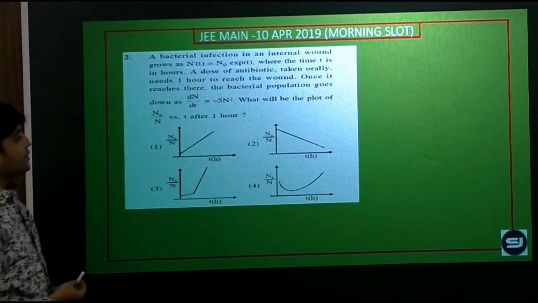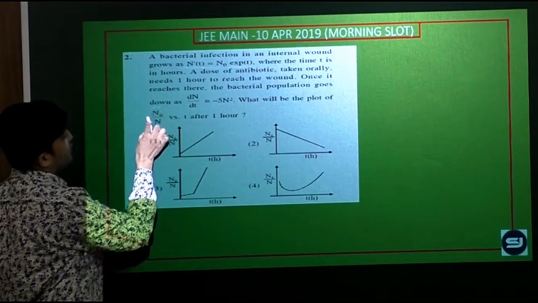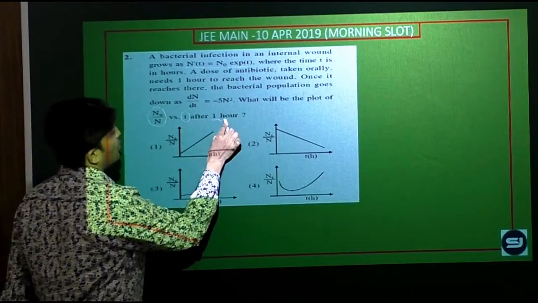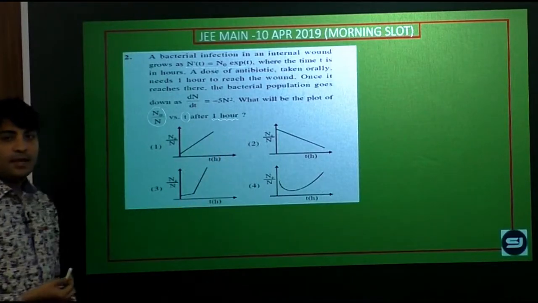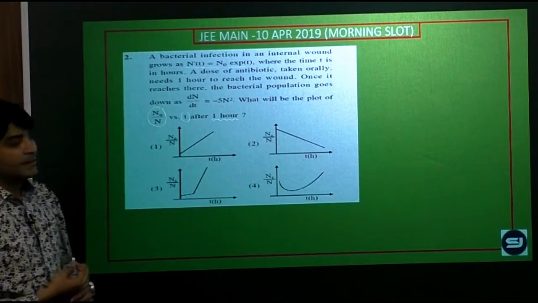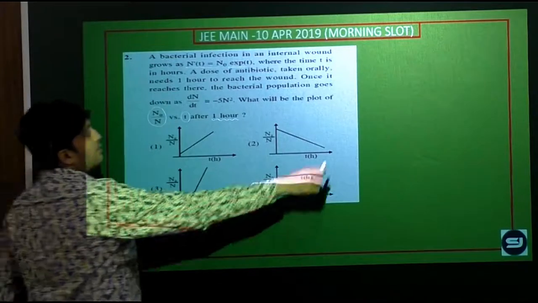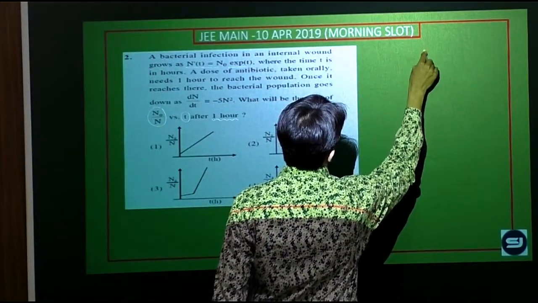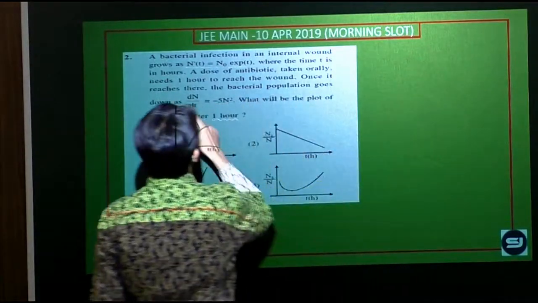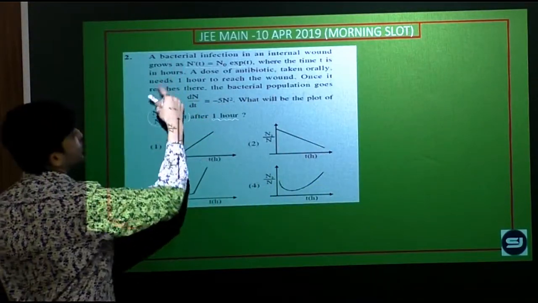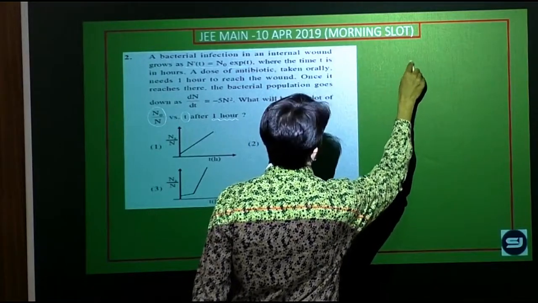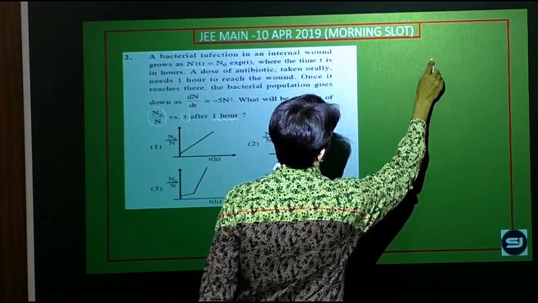Now, here you are asked the graph of N0 by N versus t after 1 hour. If you look at the data given, till the time 1 hour, meaning 0 to 1, the bacterial infection was growing exponentially as N(t) equals N0 into e raised to t.